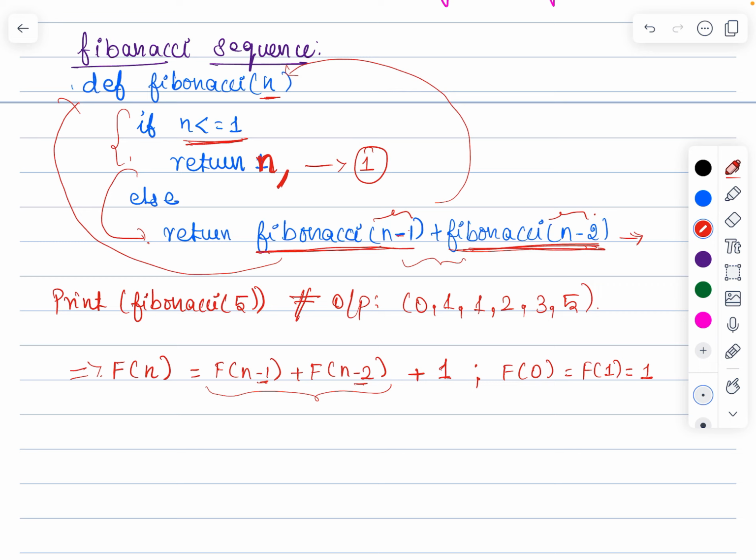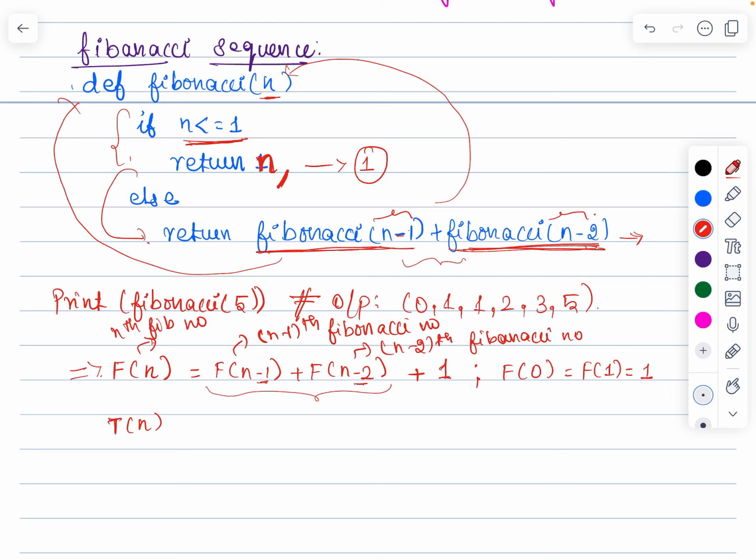To solve this, it can also be written as t of n, the time taken to solve the input size of n. So f of n represents the Fibonacci number. This represents the n minus 1th Fibonacci number, and this represents the n minus 2th Fibonacci number, and this f of n represents the nth Fibonacci number.